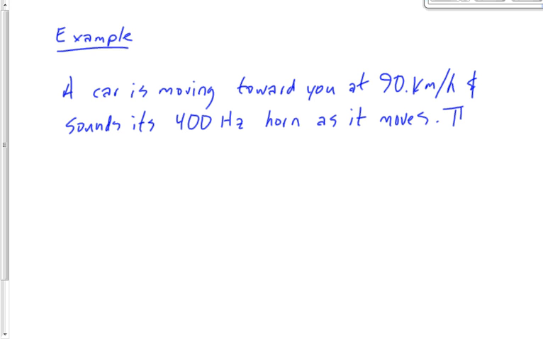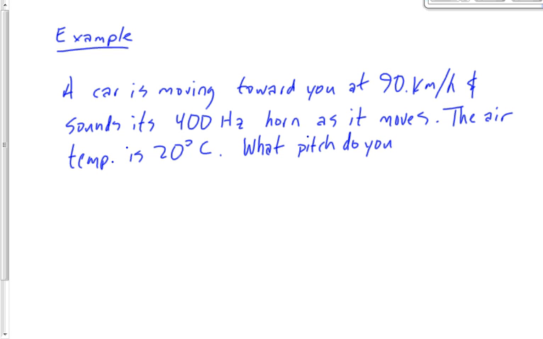The air temperature is 20 degrees Celsius. What pitch do you hear?